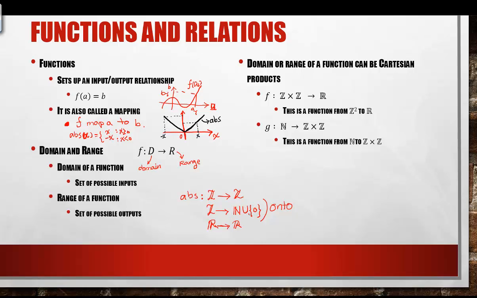When it uses all possible values from the range, it's called an onto function. So a function that uses all values from the range is called onto the range.